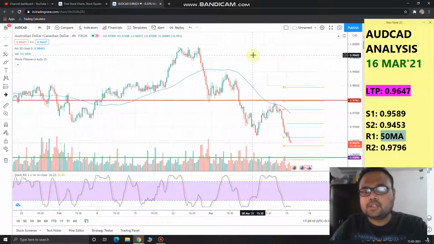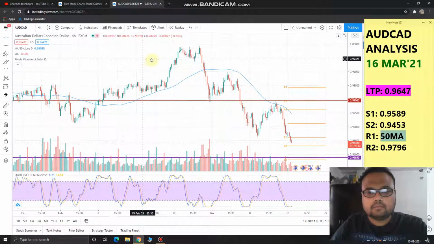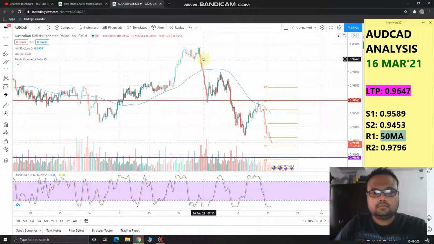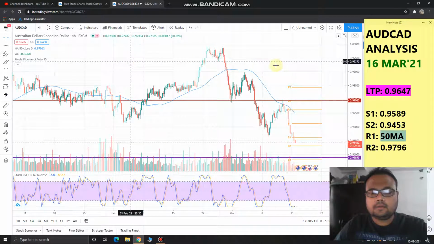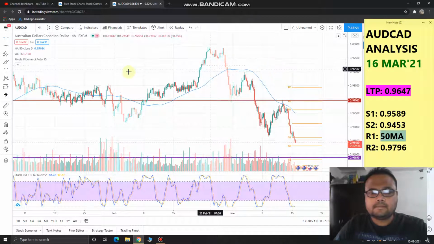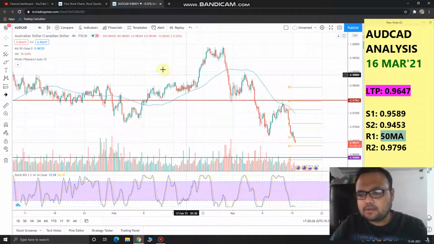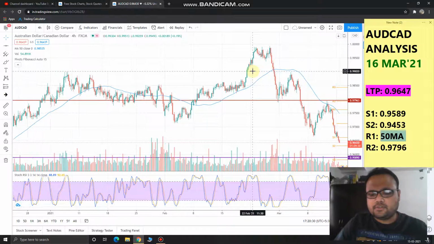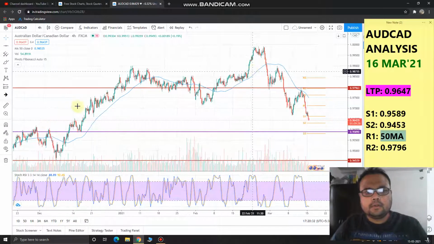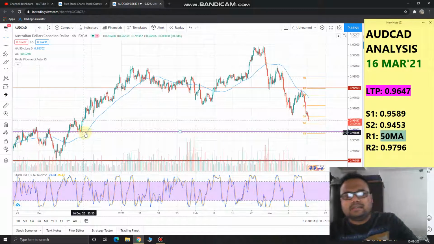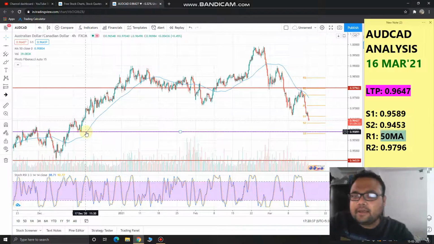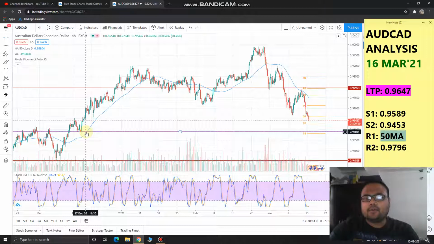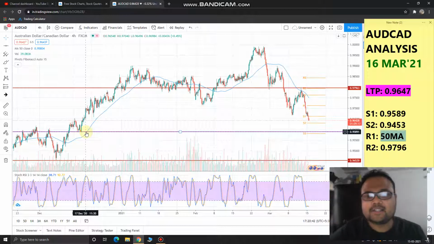Let me show you on the chart. This support available here at 0.9589 level is very weak, so we cannot rely much on this support.